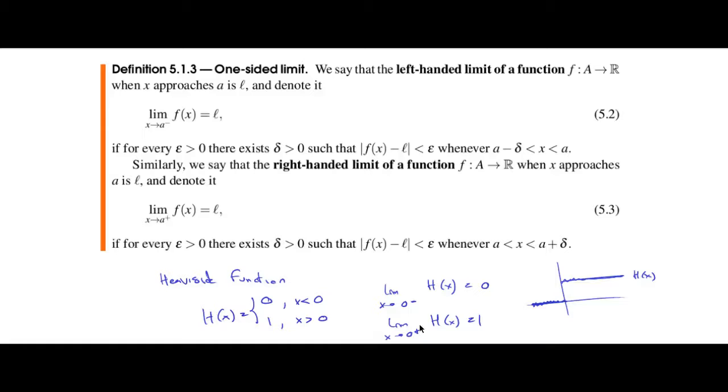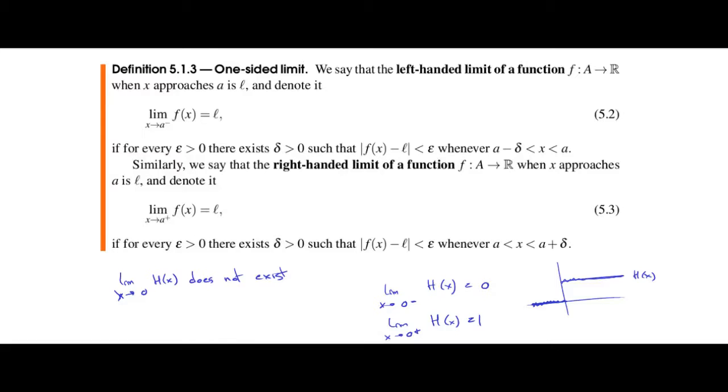Now, we have two different one-sided limits at 0. So this means that the limit at 0, as we have seen, doesn't exist, because if we take a sequence that approaches 0 from the right, the limit will be 1. If you take a sequence that approaches 0 from the left, it will be 0, okay? So that means that the limit when x goes to 0 of h of x does not exist.